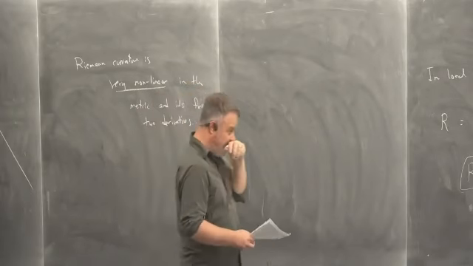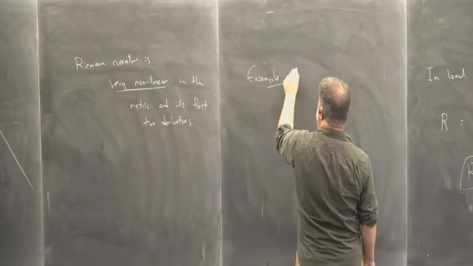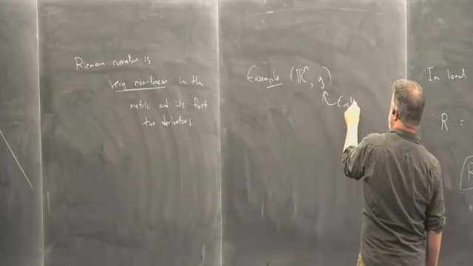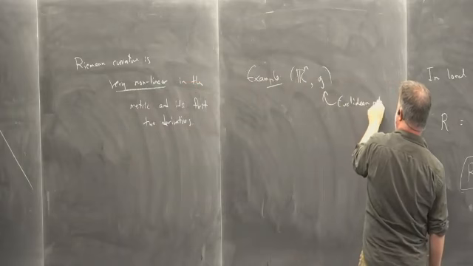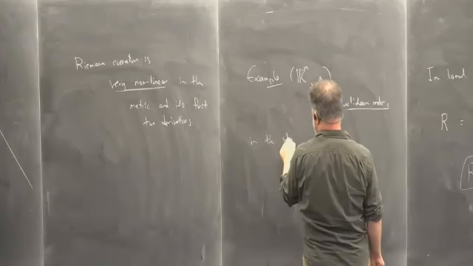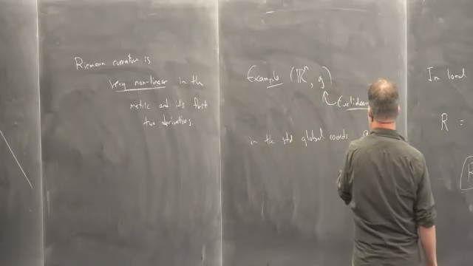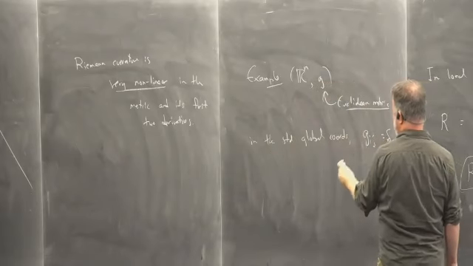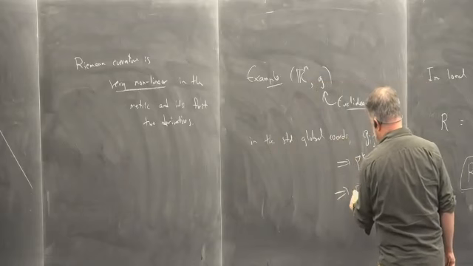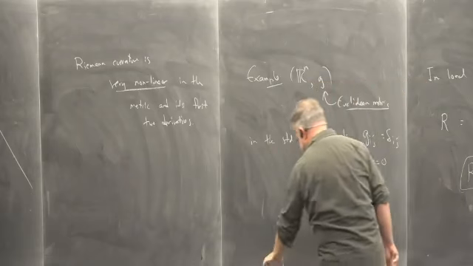Okay, but let's give a simple example. Let's take R^n with a Euclidean metric. Then we know that in the standard global coordinates on R^n, g i j is just delta i j, and that means that the gammas are 0, and that means that the Riemann curvature is 0.